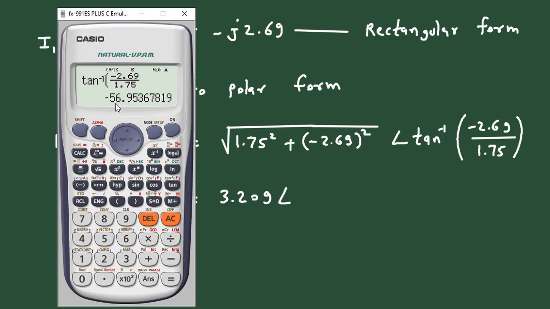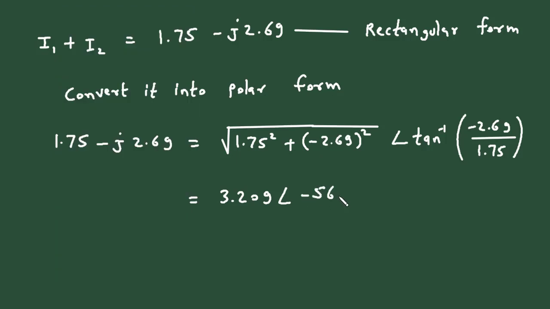So it is minus 56.95 degree, and this is in polar form of phasor. So therefore this is I1 plus I2 in polar form.